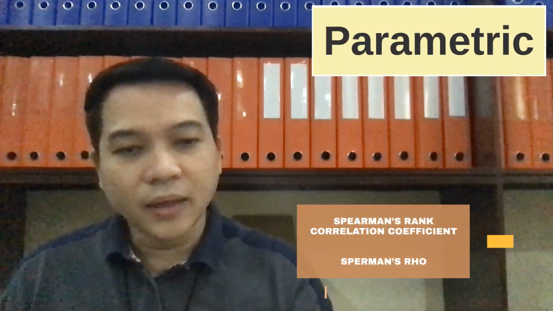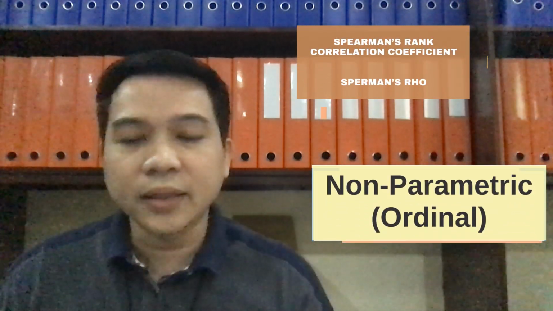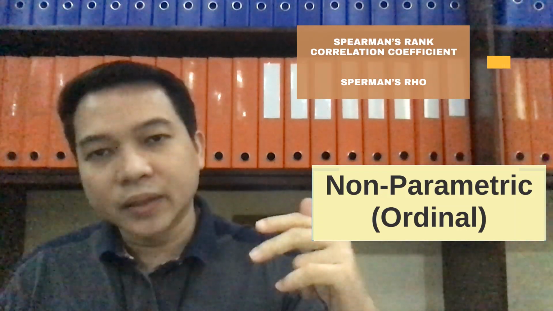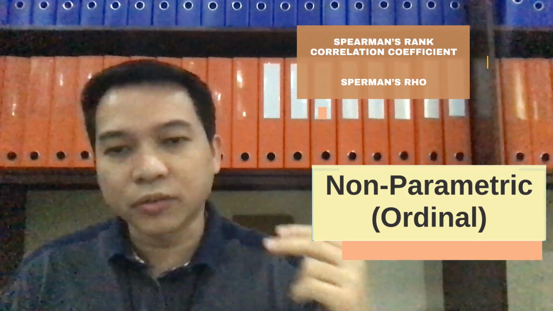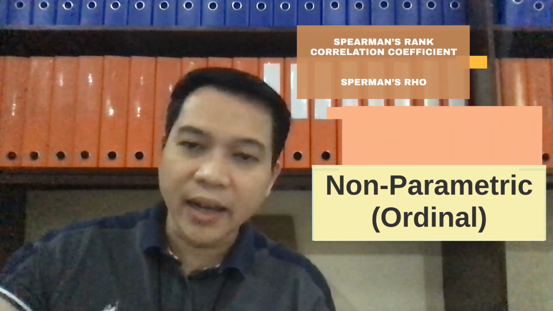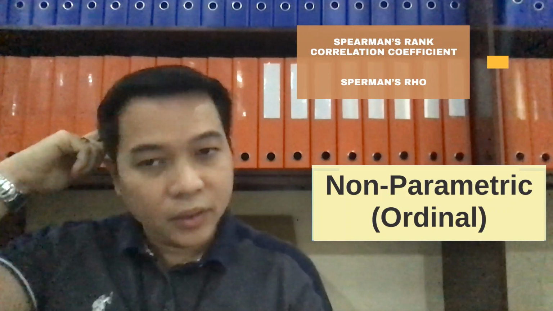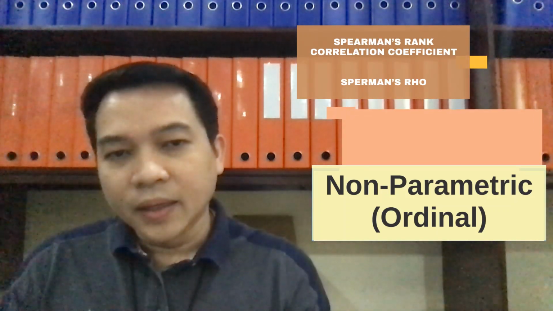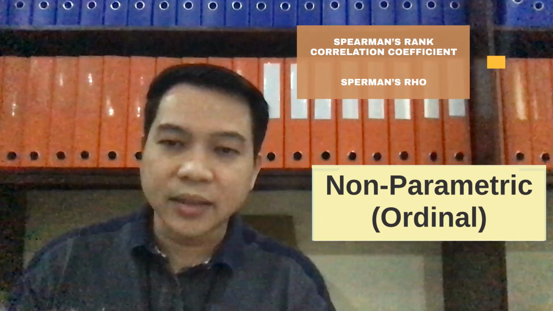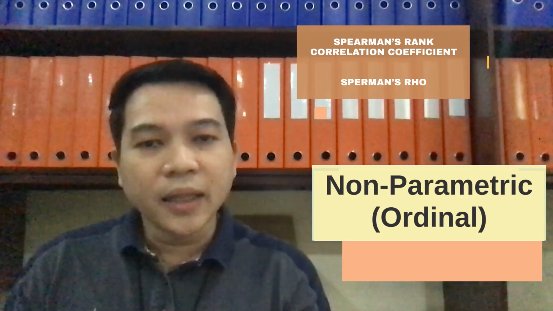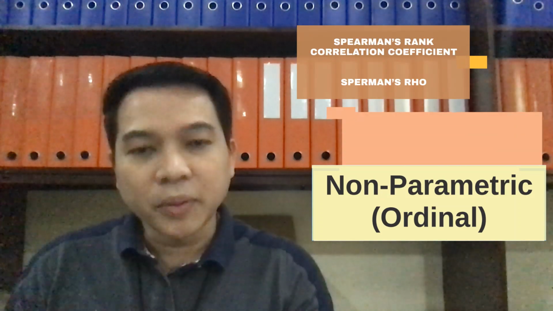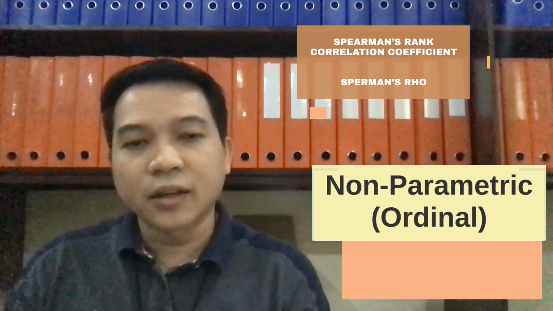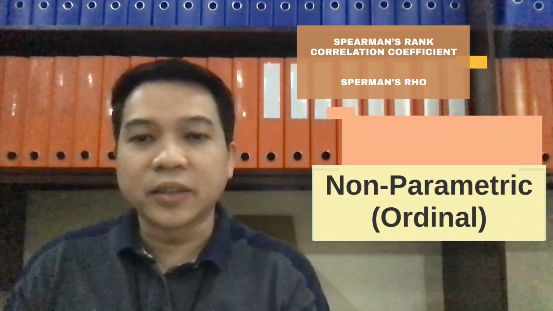Now, if your data uses ordinal data or ranks, you're comparing ranks. For example, a rating scale on one side, and a ranking of students on the other, and you wanted to correlate the ranking of performance and the rating scale, then you need to use a non-parametric test, which in this case is Spearman's rank correlation coefficient, or Spearman's rho.